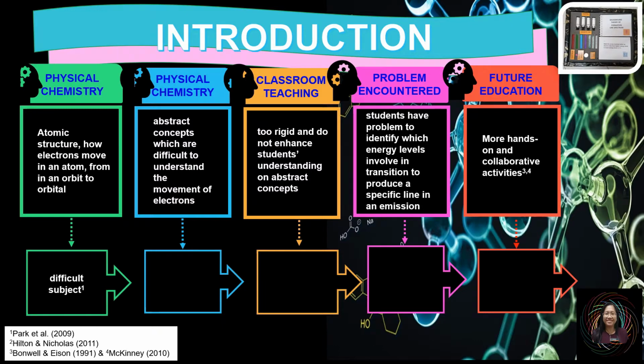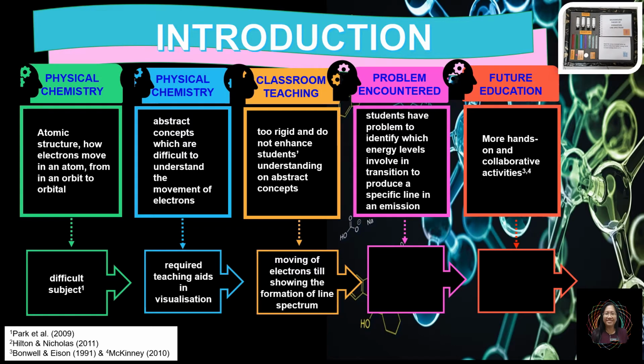Atomic structure is a topic of physical chemistry which explains how electrons move in an atom from an orbit to orbital. Based on years of teaching experience, this chapter is a great challenge for lecturers to teach, as it is very difficult for students to visualize the abstract concepts on how electrons make a transition between energy levels.